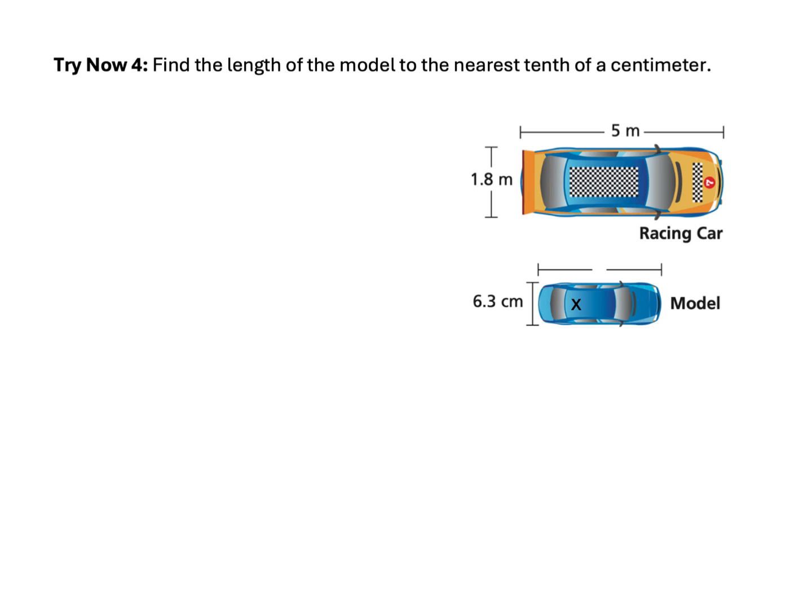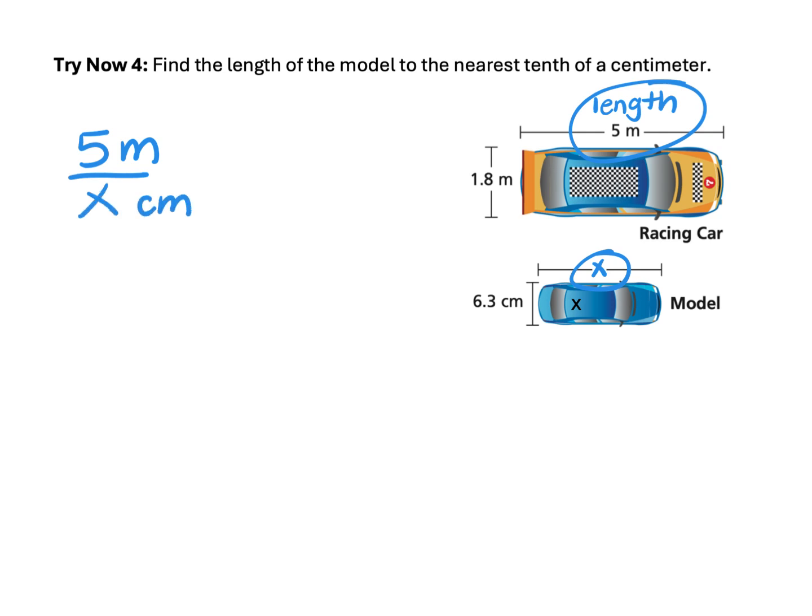For the try now, there's a lot of different ways you can set up your proportion, just as long as you match up like parts. So for example, length here matches with length there. I want to find the length of the model. So the 5 matches with the x. So 5 meters matches with x centimeters.